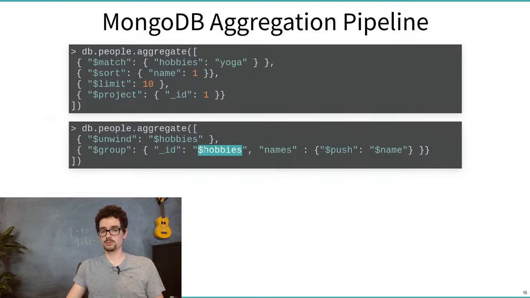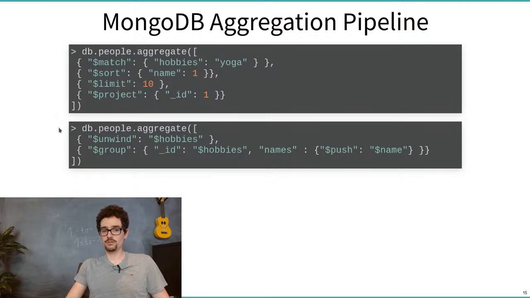So if I would say I group by hobbies, and then I use sum, I can then count how many people do have the hobby yoga, how many people do have the hobby piano, and so on. But I don't use the sum aggregation function here. I use push. Push is an aggregation function that builds an array based on the elements of the group. So I push the names in an array.